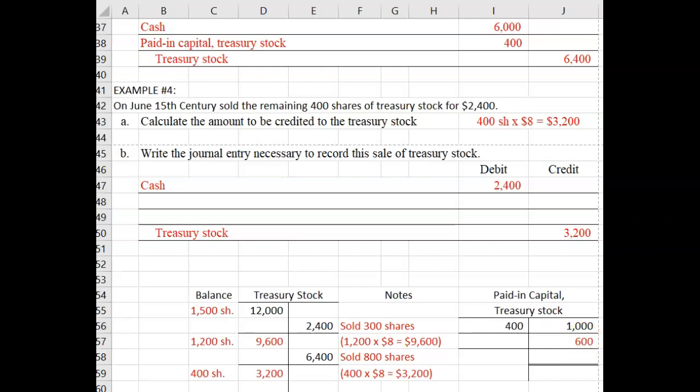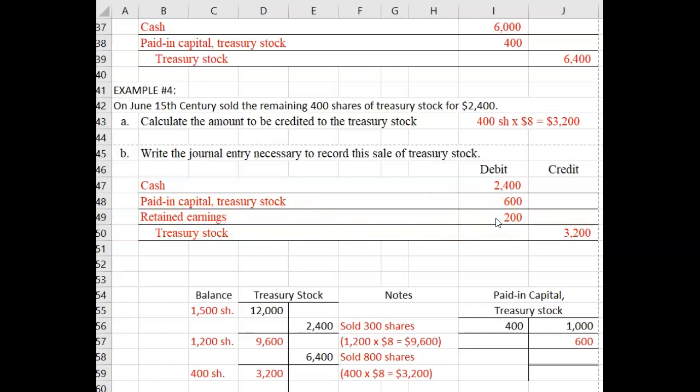So let's do this. I could only debit paid-in capital $600 because that's the balance we have left in the account. Therefore, I needed another $200 debit, and I took it out of retained earnings.